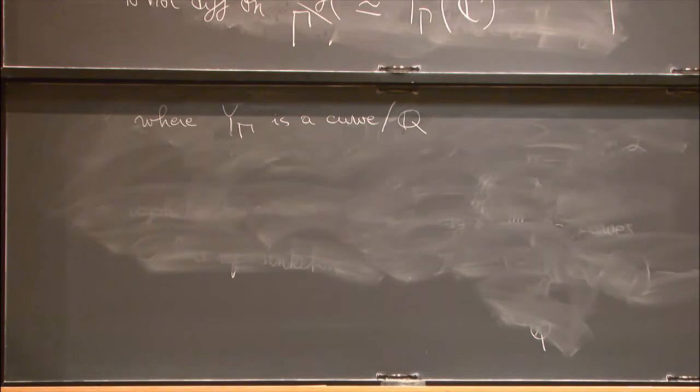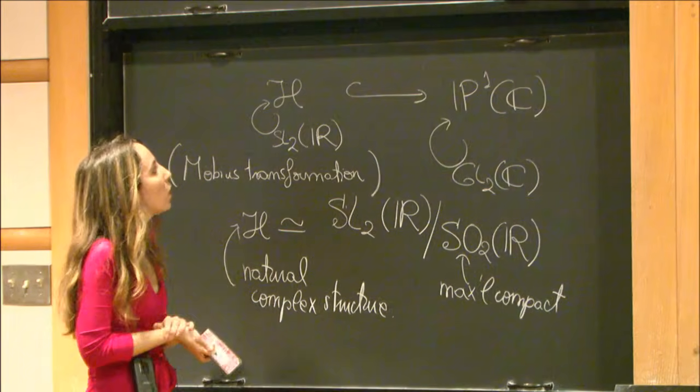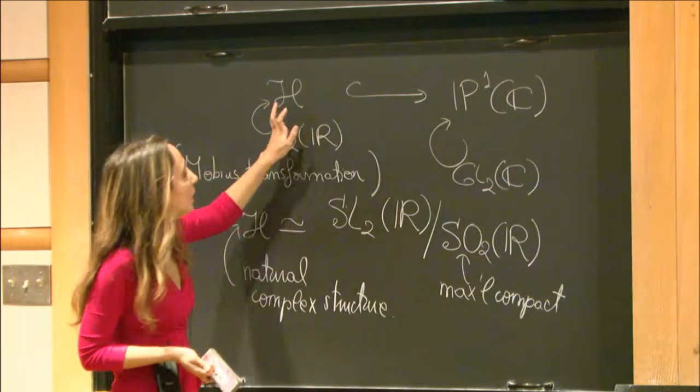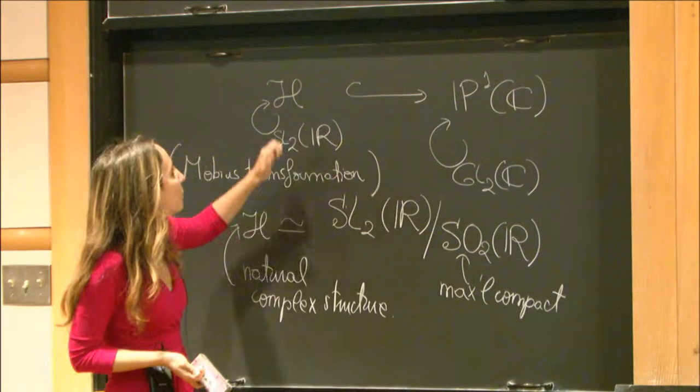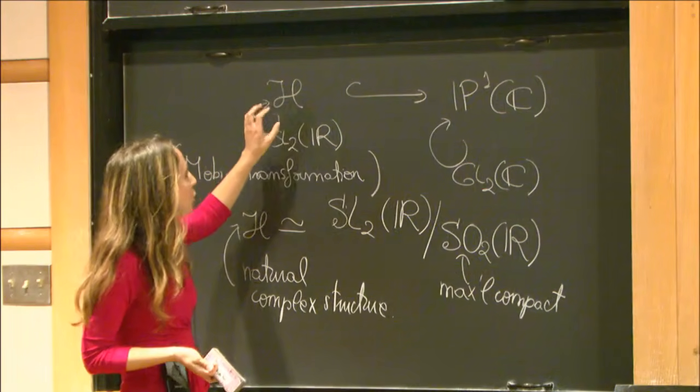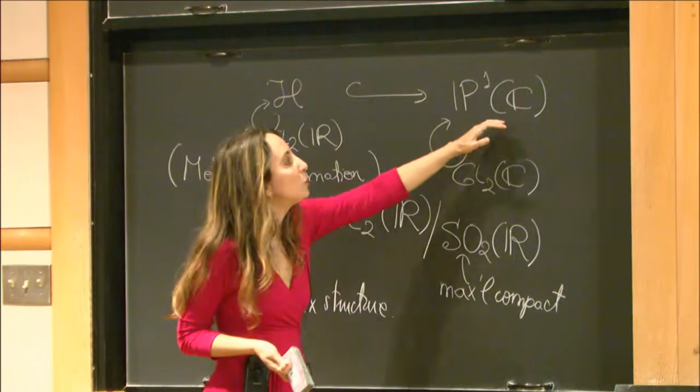And so the idea is to think of this H as parametrizing Hodge structures of elliptic curves. And then you want to think of this embedding that I drew here, the map from H to P^1(C), as the map that will take the Hodge decomposition to the Hodge filtration.